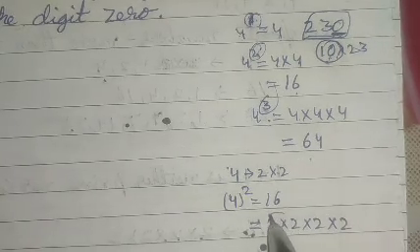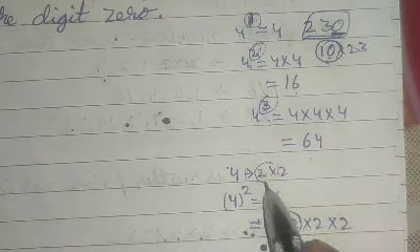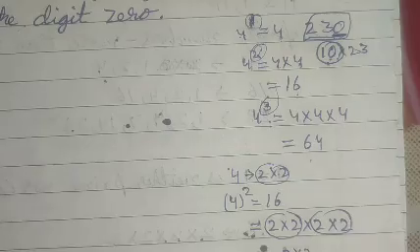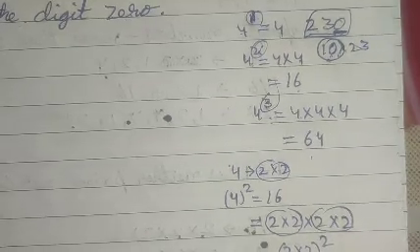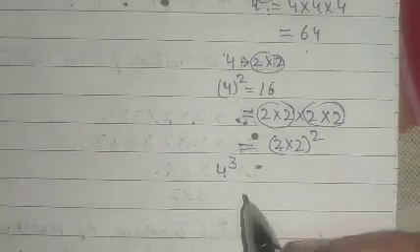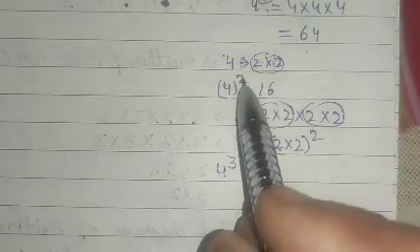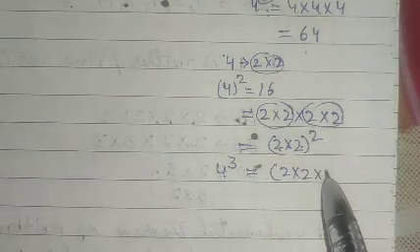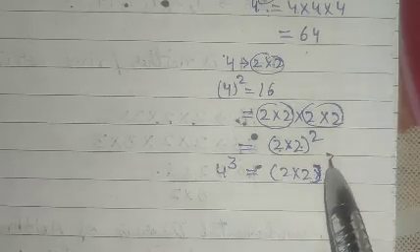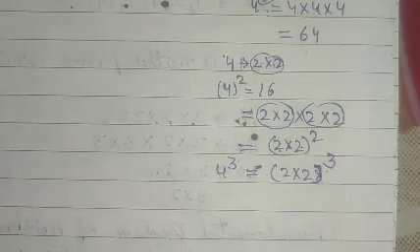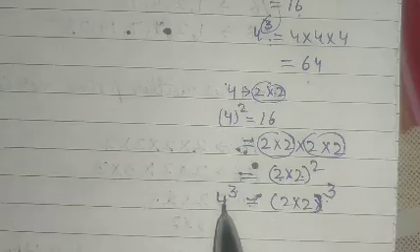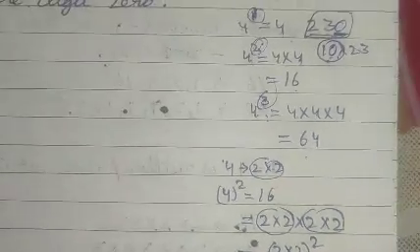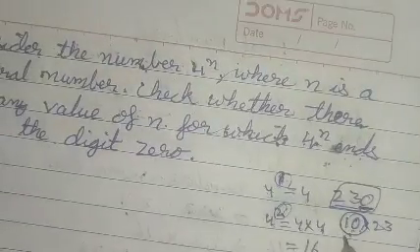Or you can say there are two sets of 2 into 2, so this will be (2 into 2) squared. Similarly, for 4 cube, this will be (2 into 2) cube. So whatever power we take of 4, it will always give us factors of 2 into 2. That means in 4 we are not getting 10.